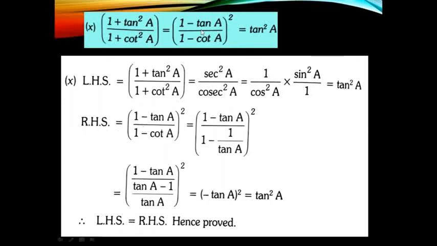Now this side, 1 minus tan A by 1 minus cot A whole square, which is equal to numerator is 1 minus tan A divided by denominator we are writing as 1 minus 1 by tan A whole square.